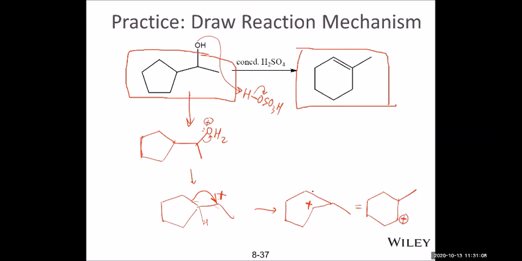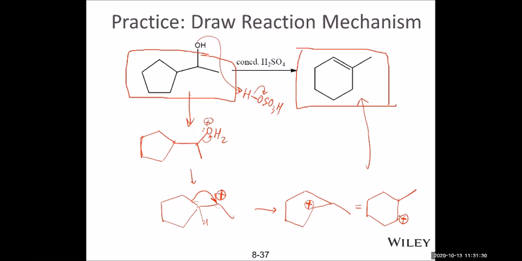Okay, let's put a charge on a circle, to make it easier to differentiate from the lines. All right, so we're good. Now we just need to come up with the last step to get to the product. From the carbocation, lose a beta hydrogen.